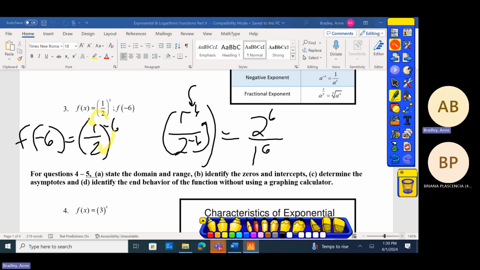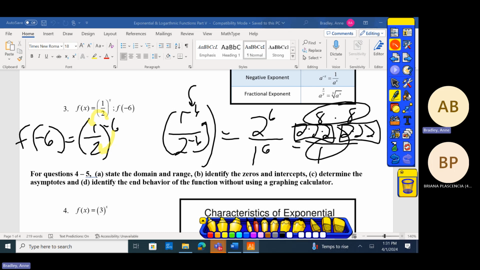Well, 1 times itself 6 times is still 1. What is 2 to the 6th? Well, 2 times 2 times 2 is 8, and 8 times 8, because 2 times itself 3 times is 8, 2 times itself 3 times is 8, and 8 times 8 is 64. So this is equivalent to 64 over 1, which is just 64. So I could say f of 1/2 is equal to 64.